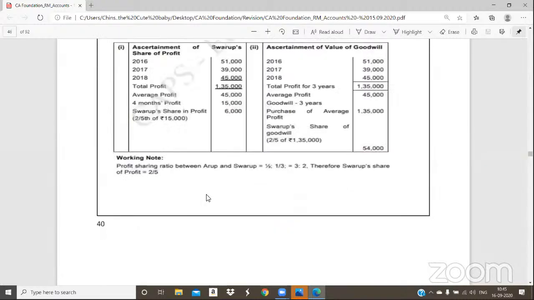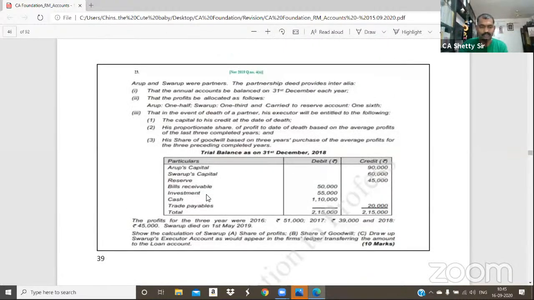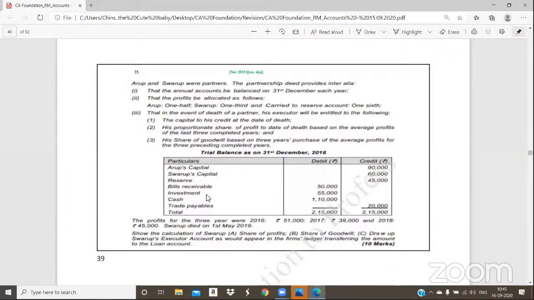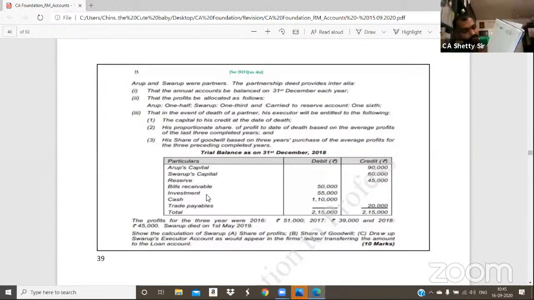Yeah. So next line, point number 2. Swaroop died on 1st May 2019. Which is the bracket? Every time you draw a line, look at the line. So the previous first line was cut at 31st December 2018.